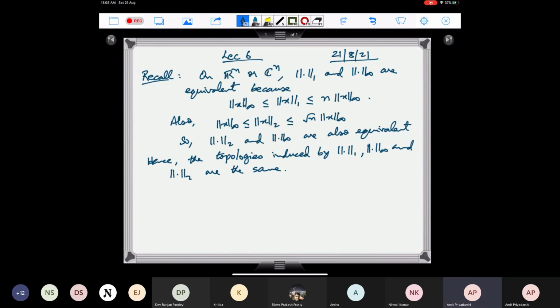Let me write this lemma. The closed unit ball in L1n is compact.